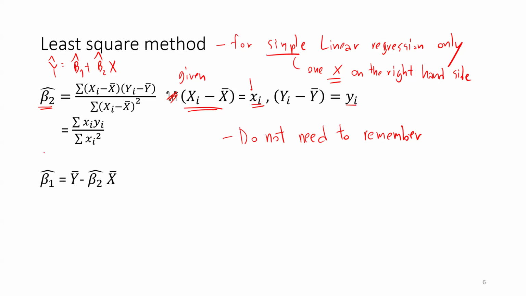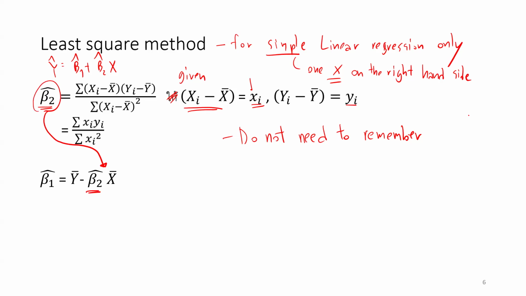And then after we find the slope and put the data in, we can also find the intercept, which equals y bar minus beta 2 hat x bar. So I promise you, only today we will calculate this together just for understanding.